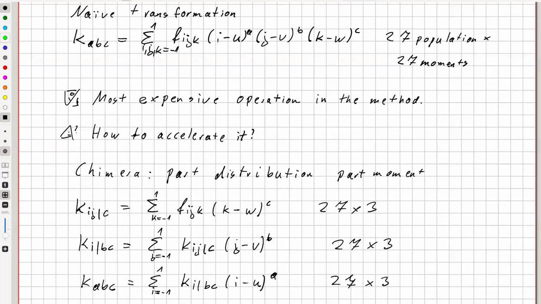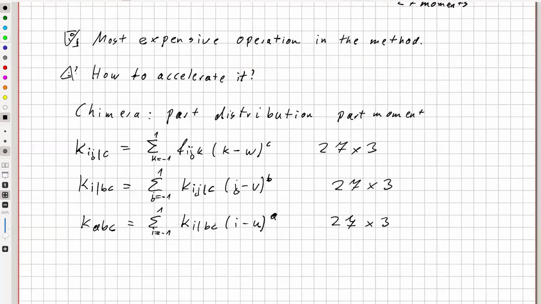First of all, you notice that the number of operations is now 9 times, sorry, it used to be 27 times 27, so it appears to be 3 times less, right?